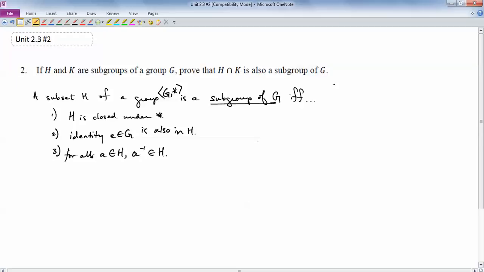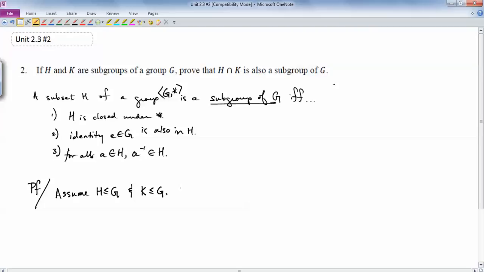Okay, so for our proof, we have to assume H is a subgroup of G and K is a subgroup of G. So that means that H has closure, the identity, and inverse elements, as does K. All right, so we're trying to show that the intersection of H and K also forms a subgroup using star.